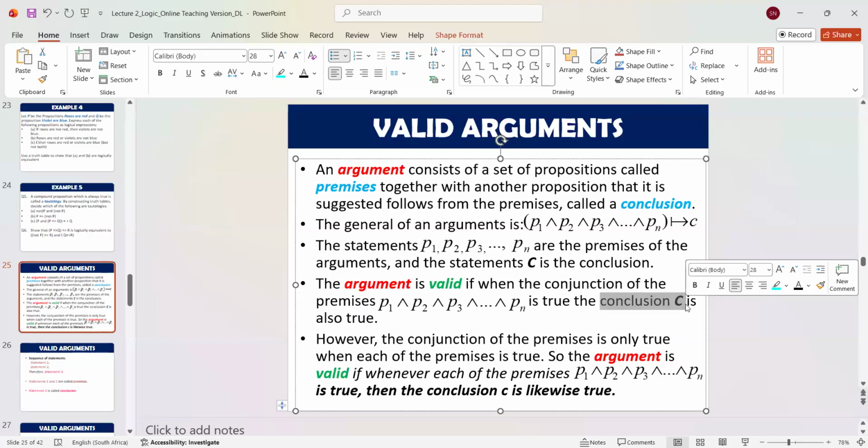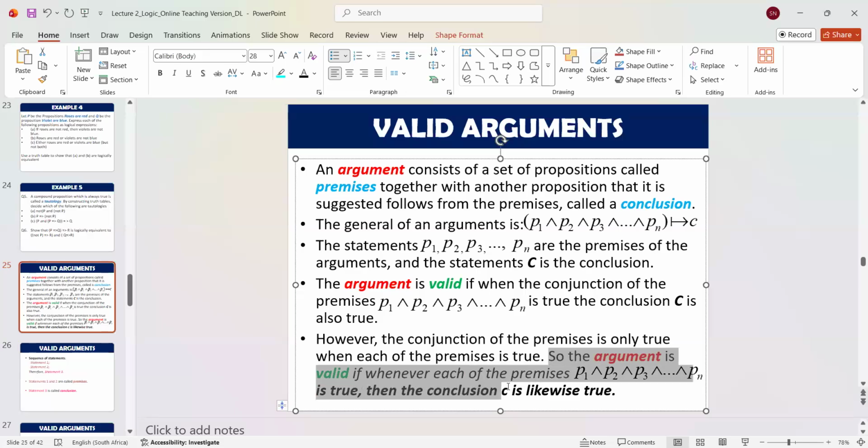If those rows are also true, then the argument is valid. So an argument is valid whenever each of the premises P1, P2, P3, up to the last premise is true, and the conclusion C is likewise true.